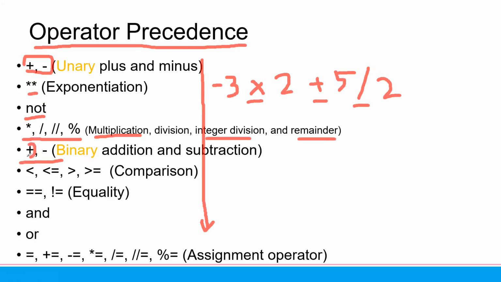So for example, 3 plus 2 is 5, 5 minus 3 is 2. So this is the binary addition. And then it will be followed by the comparison: less than or equal, greater than or equal. And then equality: equal, not equal. And then and, or, and this is the last one.